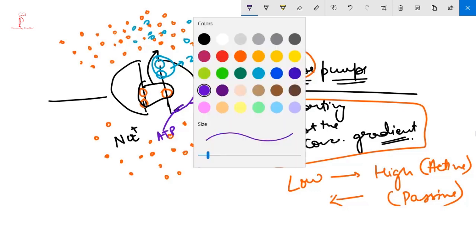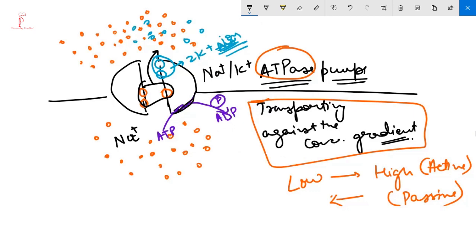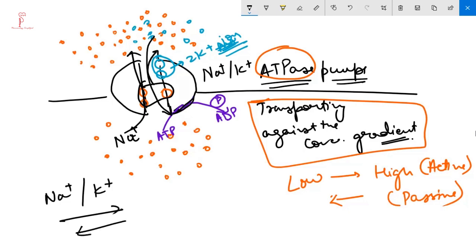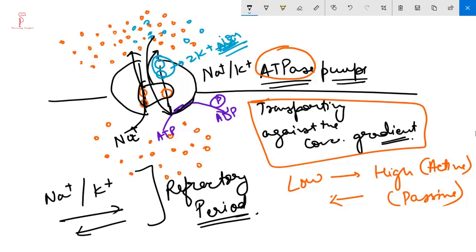And when it detaches, this pump regains its original shape. That means it is again ready to pump sodium molecules outside and bring potassium molecules inside. While sodium and potassium are being exchanged, during this period the neuron cannot conduct at all, and this is called the refractory period, right?